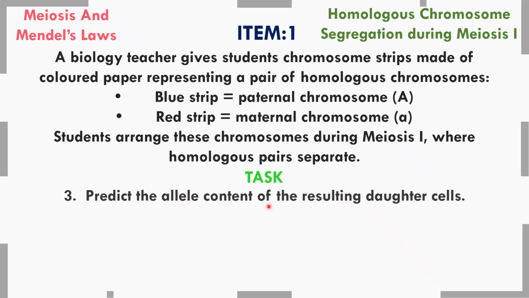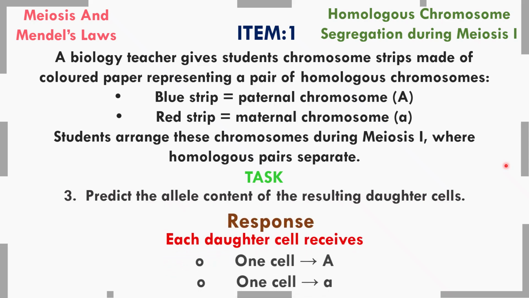Predict the allele content of the resulting daughter cells. Each daughter cell receives one allele: one cell receives A, another cell receives small a.